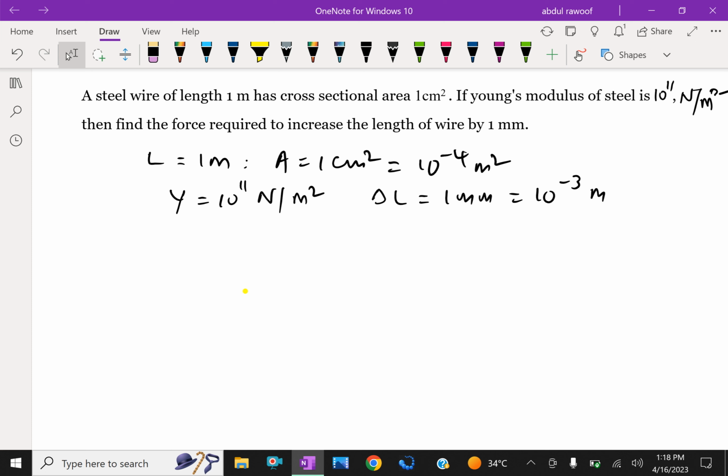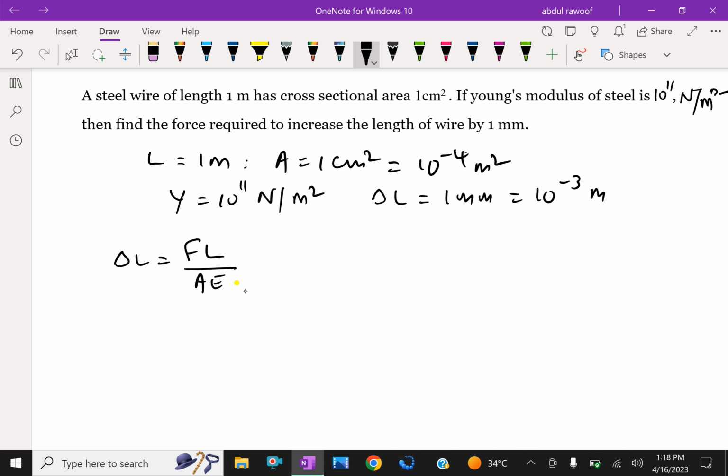here we know that delta L equal FL by A Y, the force into length divided by cross-sectional area into Young's modulus.